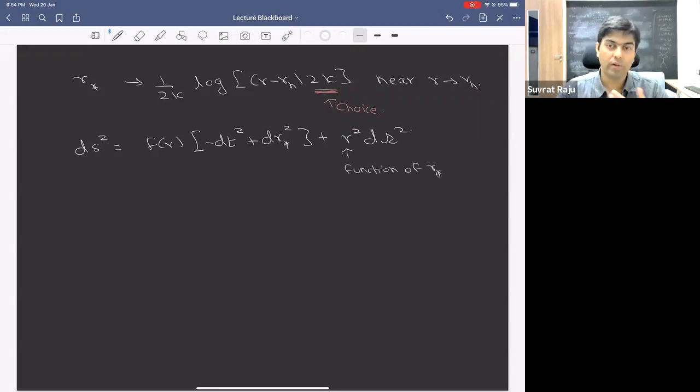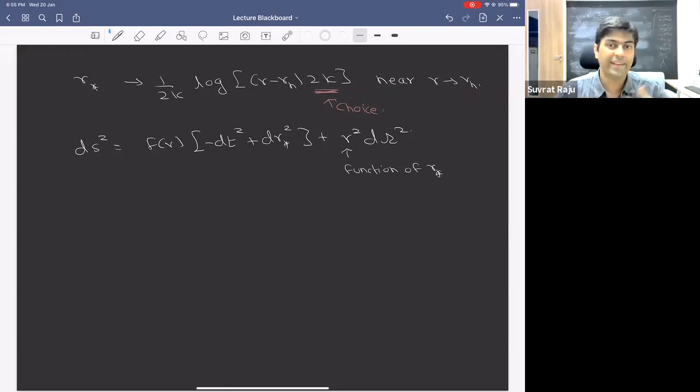But when you write the metric in terms of r star, it's convenient to not always write r explicitly in terms of r star, but just think of r whenever you see r as being a function of r star. And f of r is whatever it is. It's some function which we gave in terms of r, which you can rewrite in terms of r star. And you see that the metric looks slightly simpler in terms of these r star coordinates. Okay, good. So far these are things which you're probably familiar with.